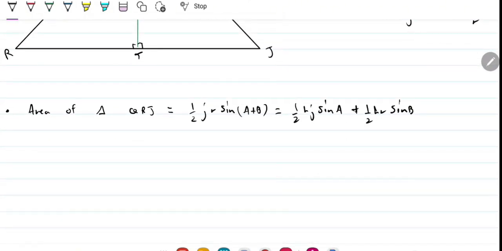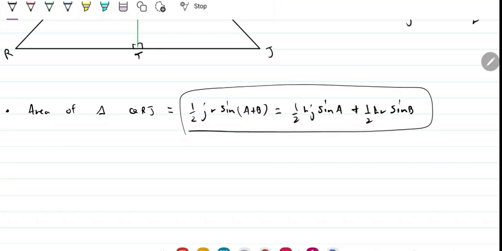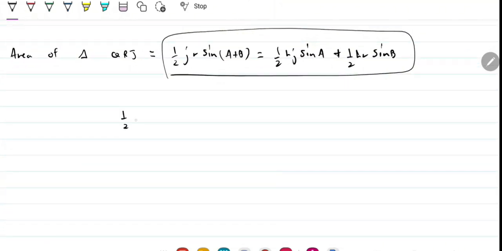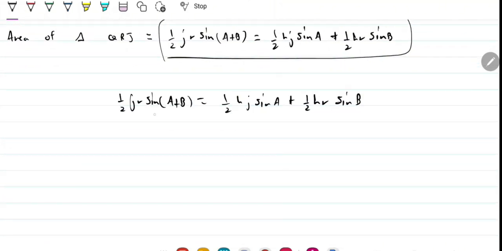Good. So, taking this equation, I want to make sine of A plus B the subject.